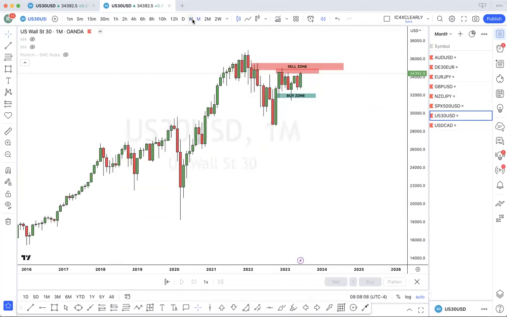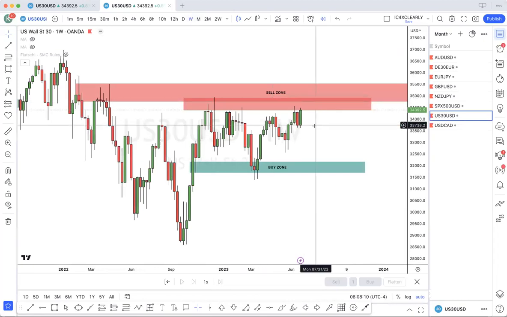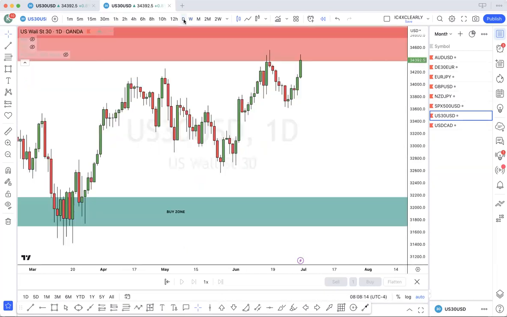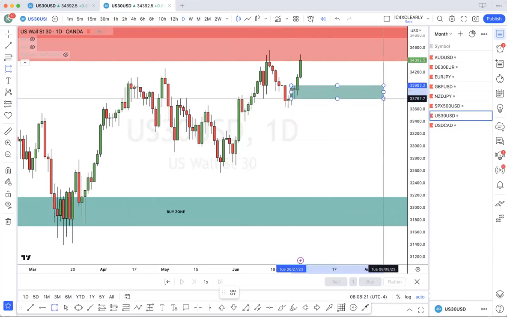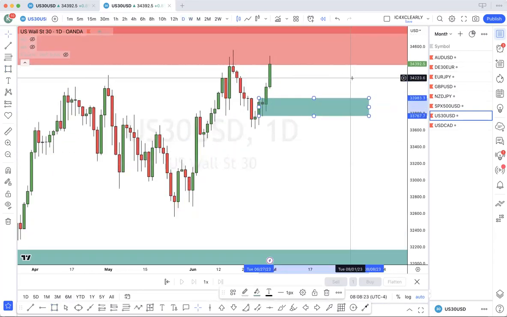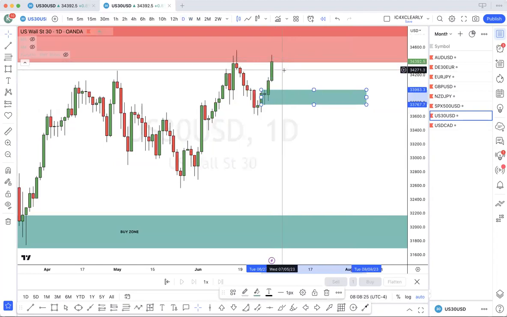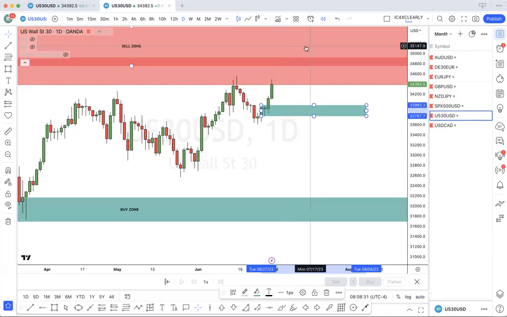The monthly was bullish. The weekly is bullish. So I would definitely be looking for buys. We have this order block here that has not been tapped into. So a pullback for a continuation up into this zone. One of these two zones.